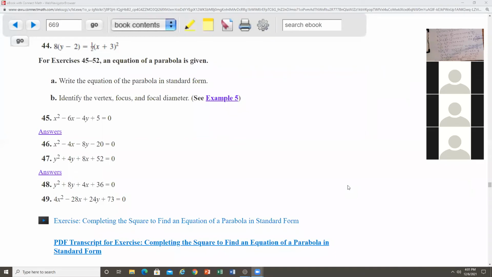Notice these other ones, 45 through 48, are a lot easier to complete the square on x or y because you have 1 in front of the squared variable. So I chose a difficult one, number 49. I wanted to show you what happens when you don't have 1 in front of your squared variable. Well, I factored the 4 out of the first 2 terms in 49 to force 1 in front of x squared. But notice all these other ones have 1 in front of the squared variable here, which really makes life a lot easier in completing the square.